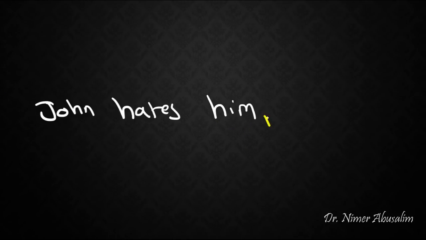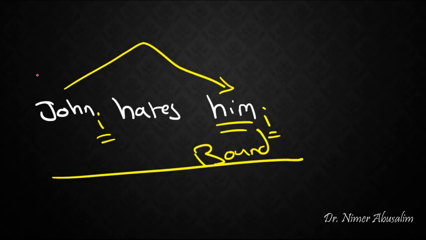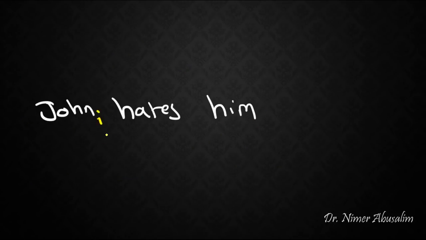Why is that? Well, let's try it. If him here was given an index i, and so was John, then now they're co-indexed, and at the same time John can c-command him, therefore him would be bound. In this meaning, the sentence is ungrammatical. But if instead John was given i, and him was given the index k, let's say to mean Bob, who is k, now the sentence all of a sudden is grammatical, and that is because him is not bound by John.